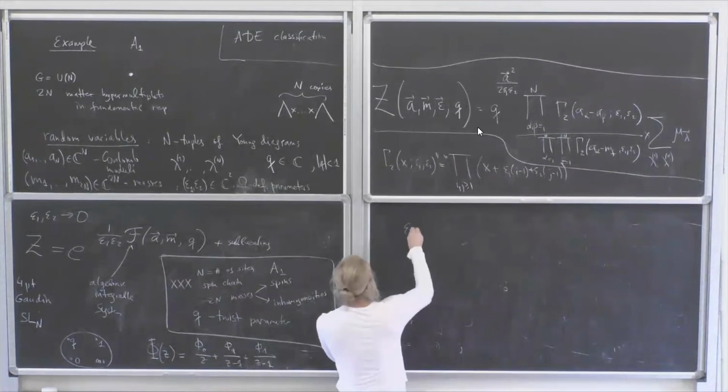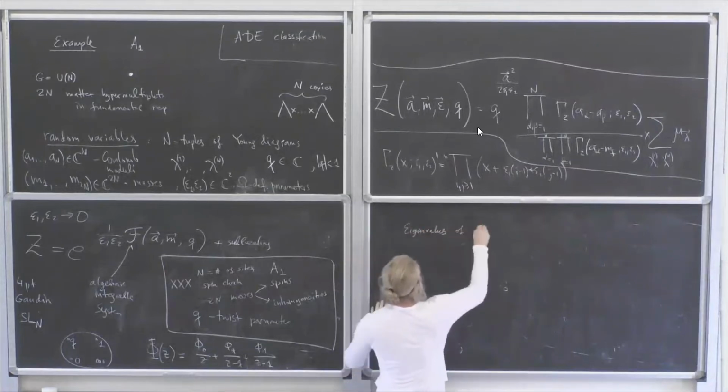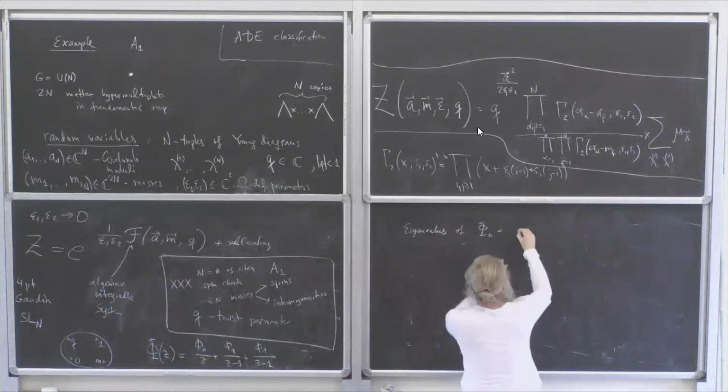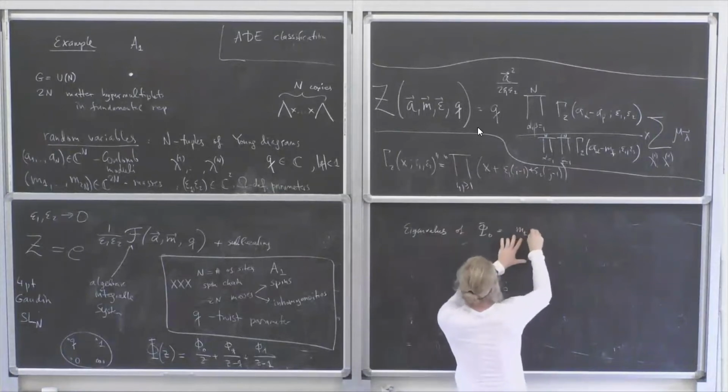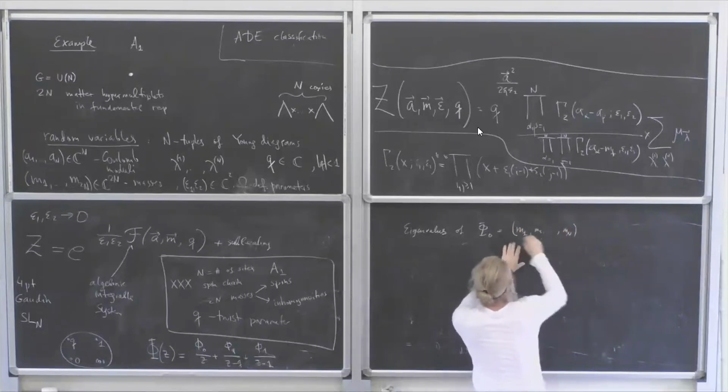So eigenvalues of phi 0 are essentially given by M1, M2, ..., Mn minus 1 over n.